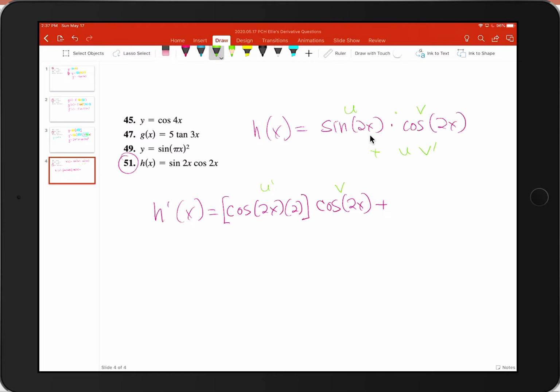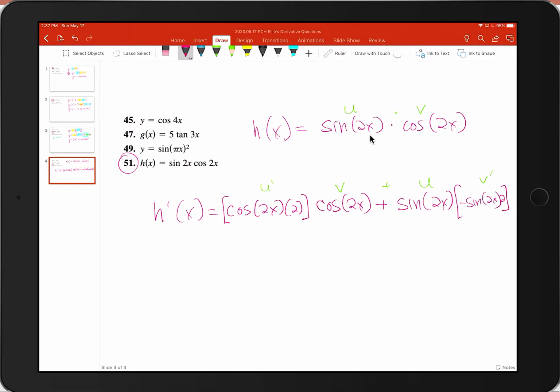Okay. And then plus uv prime. Well, u is sine 2x, and then my v prime is the derivative of cosine 2x, which is negative sine 2x, chain rule applies, times 2.